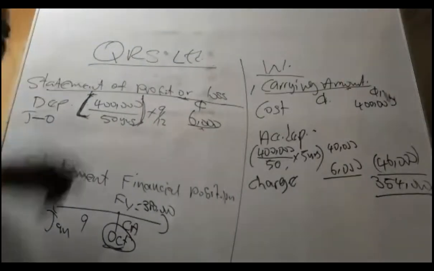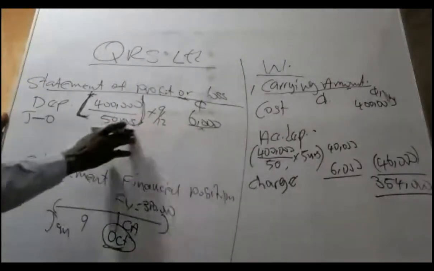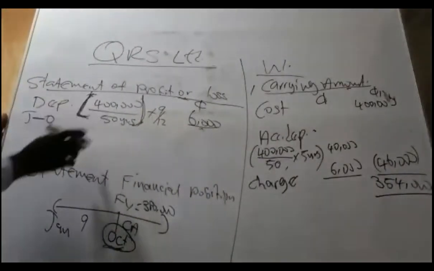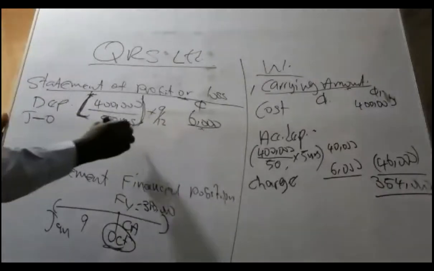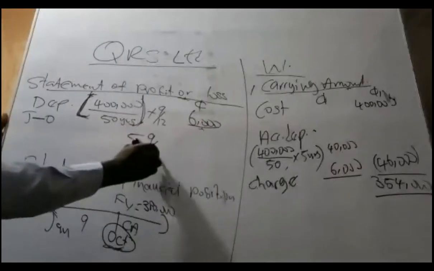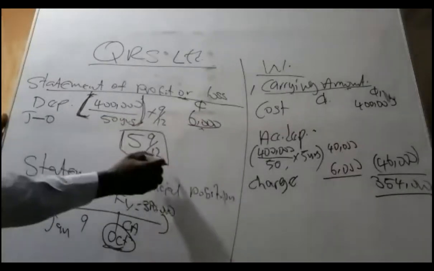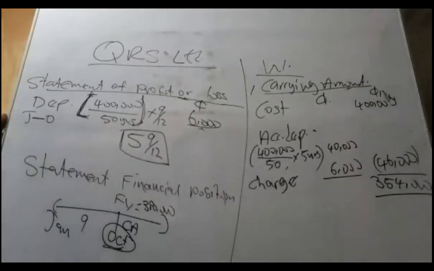Now, to get accumulated depreciation, alternatively, we can just tell the examiner that this one times 5 whole number, 9 out of 12. Just that this, if the calculator is not yours, the answer will be wrong.